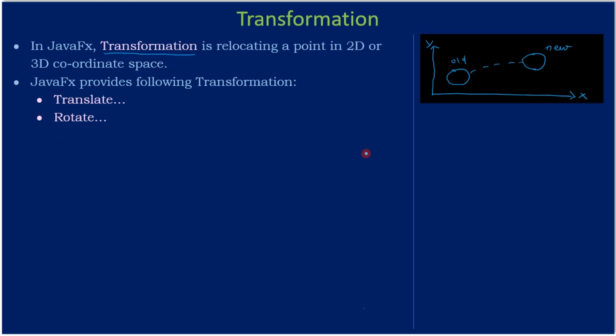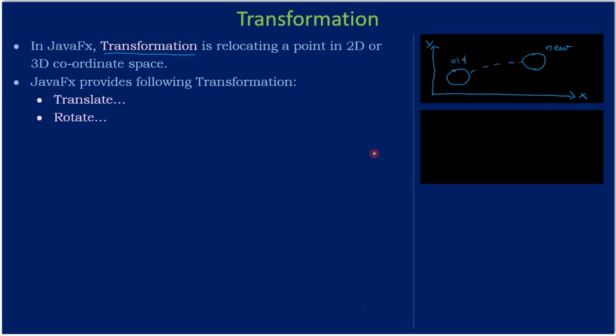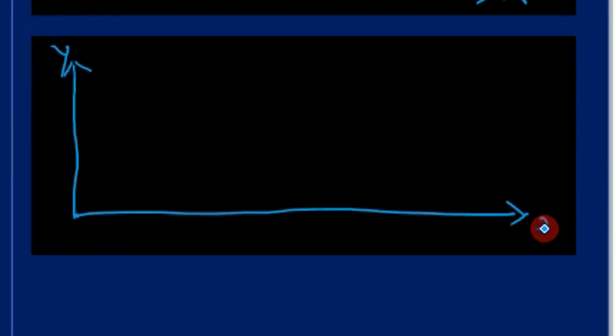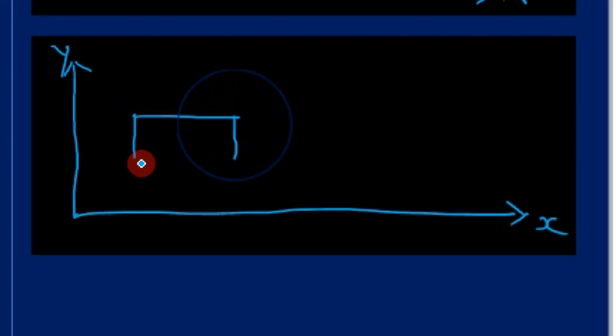So next is the rotate transformation. In rotate transformation, you can rotate an object. So let's state that we have a rectangle object here, or rectangle node, and you can rotate this rectangle about a pivot point.